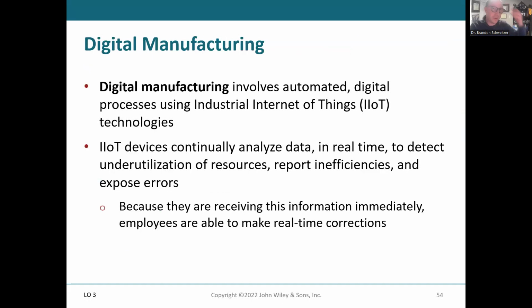Okay, so let's talk about digital manufacturing. This is a relatively newer area, right? Digital manufacturing involves automated digital processes using the industrial Internet of Things. The industrial Internet of Things devices continually analyze data in real time to detect any type of underutilization of resources, report inefficiencies, and expose errors.